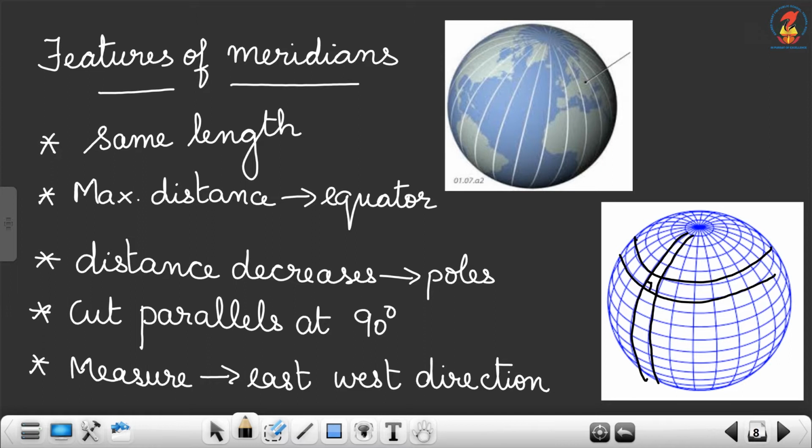The next point was that when the parallels cut the meridians, they cut at a right angle, meaning 90 degrees. These are called right angles. Can you see? They are right angles. Okay. The last point was that they are able to measure the distance in the east-west direction. Okay. Now let's move on to the next point.